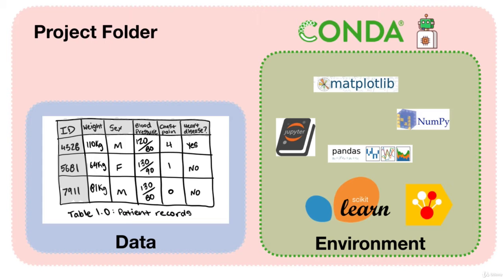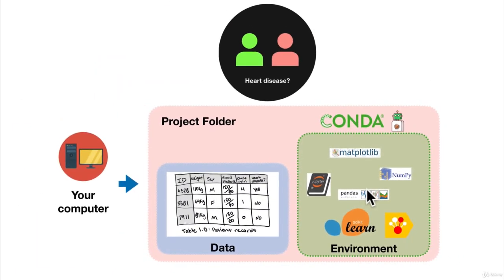A collection of tools or packages is called an environment. We use Conda to create the environment and then use it again to install different packages, data science and machine learning tools, to it. Then, every time we work on our project, say classifying heart disease, we use the tools within our environment. So let's walk through this.